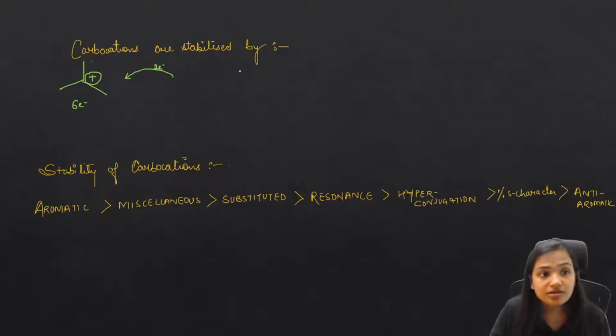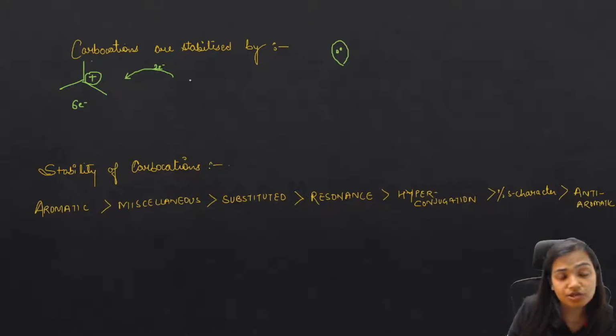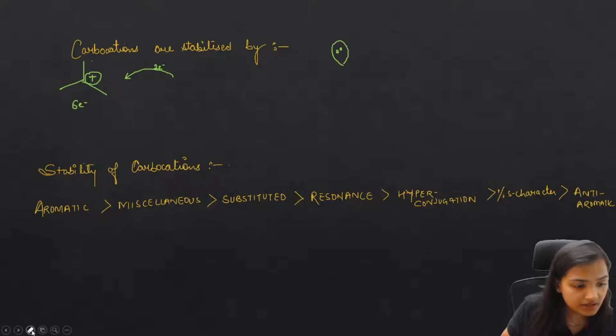Okay, so these carbocations can be stabilized by the lone pair. If this is my carbocation and this is the alpha carbon, then for this carbocation this is the alpha position.